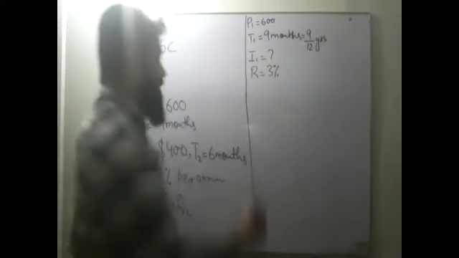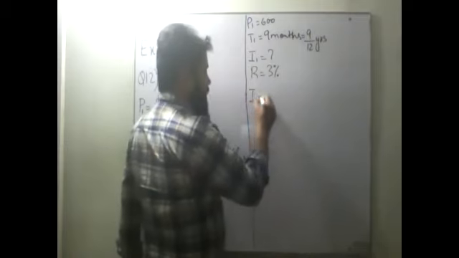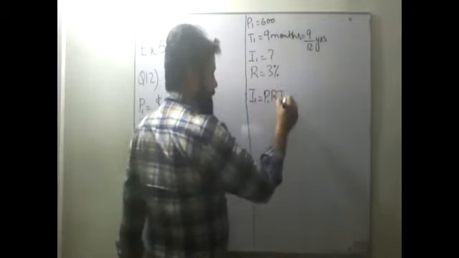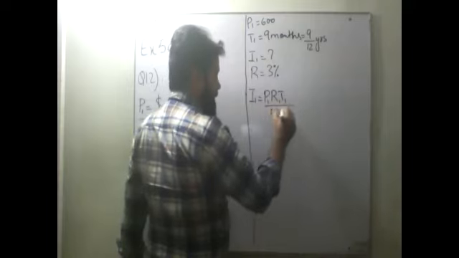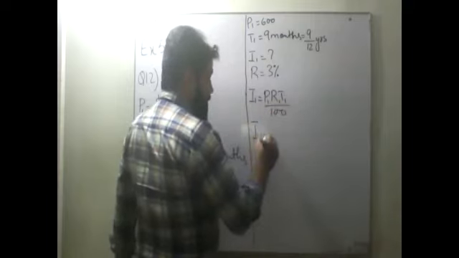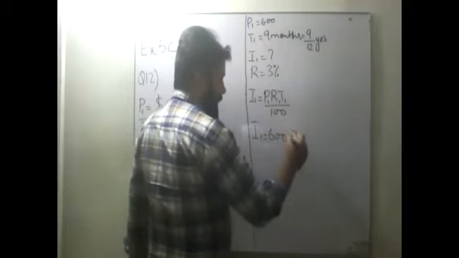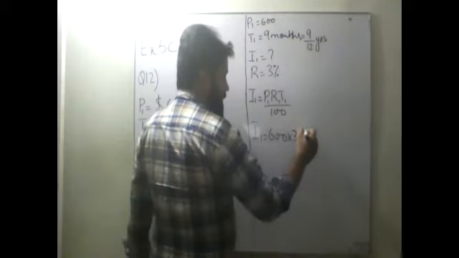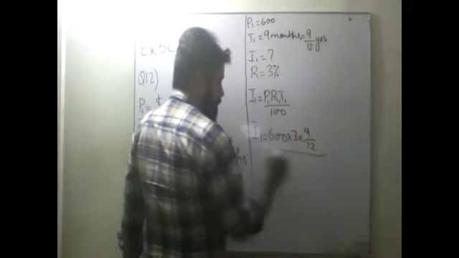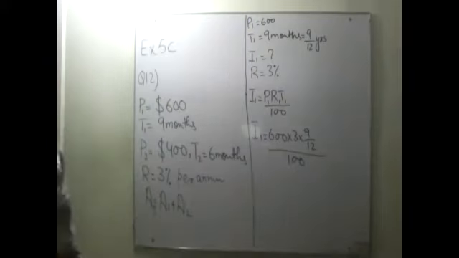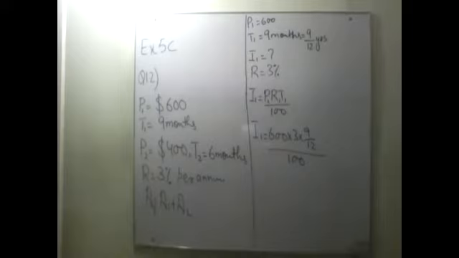First of all, I1 equals PRT over 100. I1 equals, what is P given? 600. R is 3. T is 9 over 12, over 100. That is given in front of you.